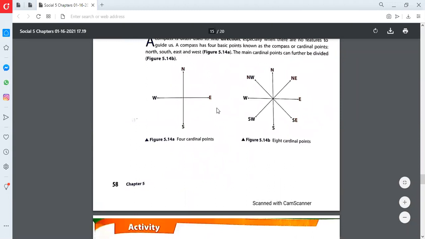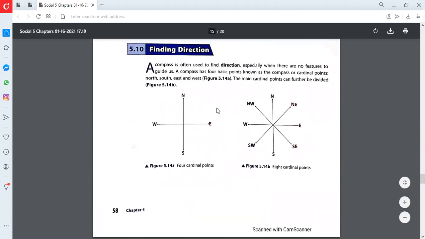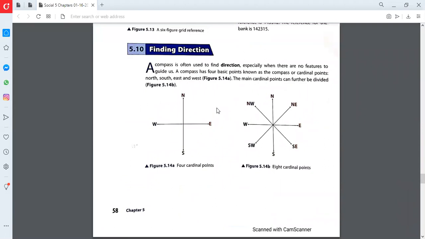The four basic points of a compass are north, east, west, and south. And the eight cardinal points are northeast, east, southeast, south, southwest, west, northwest, and north.